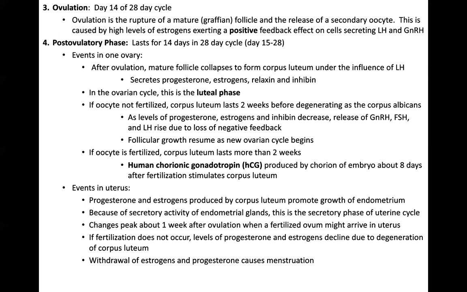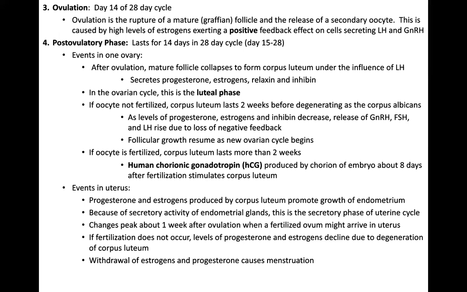If that oocyte is fertilized, though, the corpus luteum lasts more than 2 weeks, and that's because of a new hormone that's released called human chorionic gonadotropin, or HCG. This is produced by the chorion of the embryo, which is a layer of the developing baby, well, we can call it a baby at this point, though it's probably not an accurate description, but the growing ball of cells, about 8 days after fertilization has occurred.